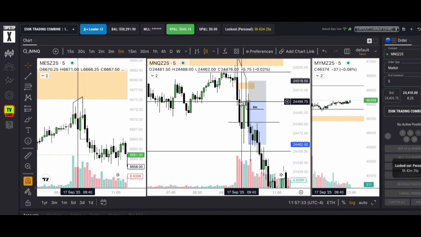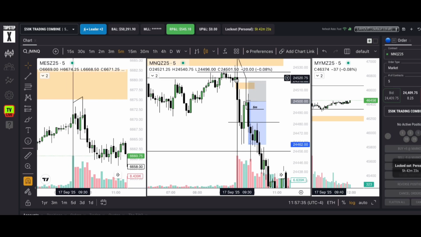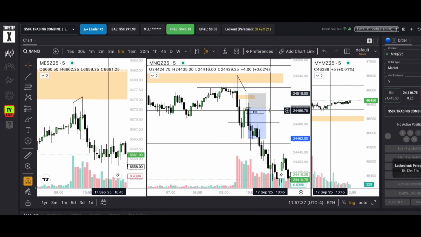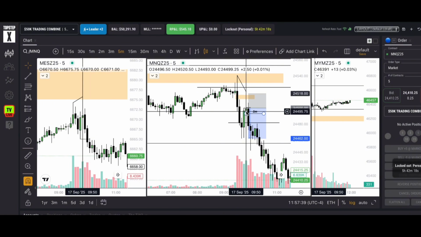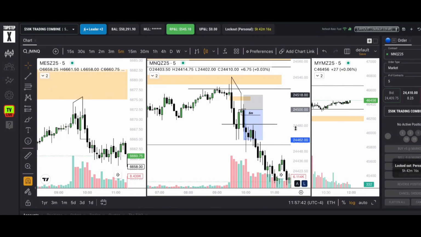So as we see, we tapped into this 5-minute gap, this 5-minute OB, we put in this 5-minute bearish SMT, we had this 5-minute range, and the aligned time frame with the 5-minute is going to be the 30-second.